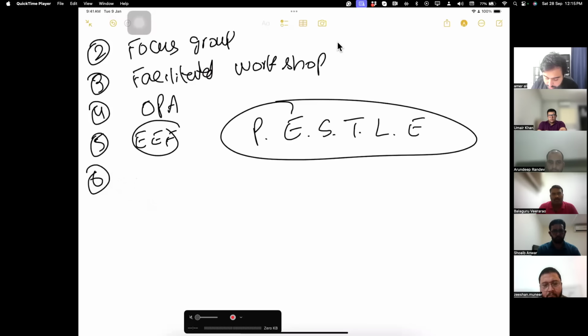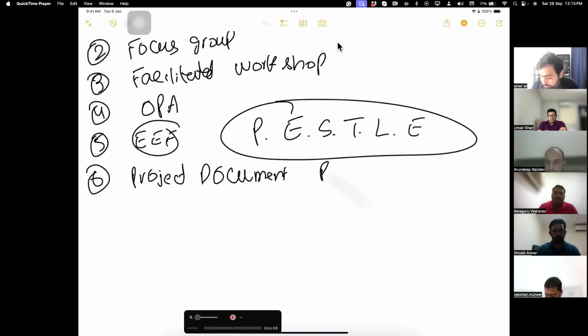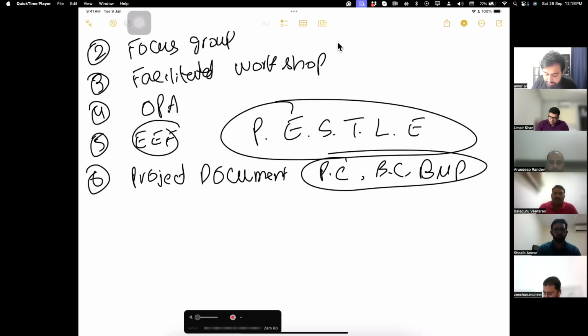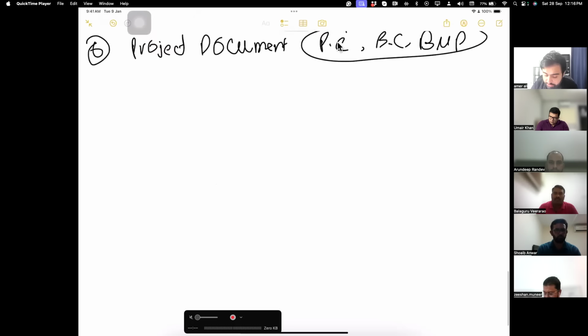Then you check project documents. For now, we have the project charter, business case, benefit management plan. Stakeholder identification is an iterative process. It keeps on happening. In the future, you can look into other stakeholders and they will also be added here. Now you have identified the stakeholders. The next step is basically categorizing the stakeholders.